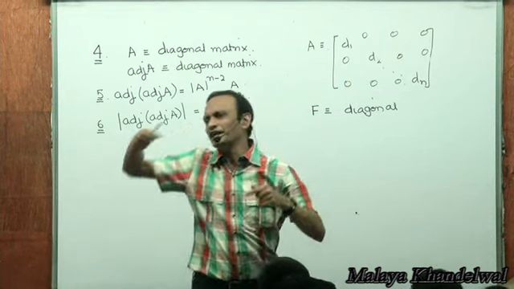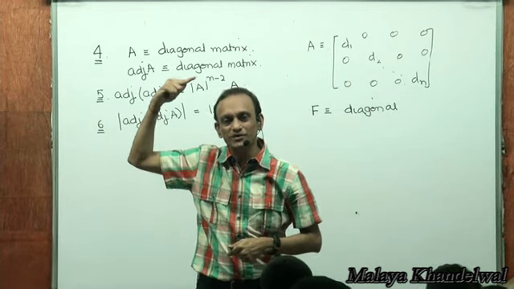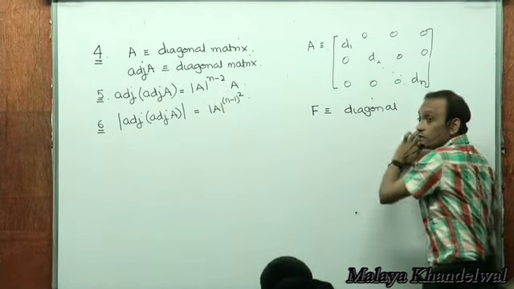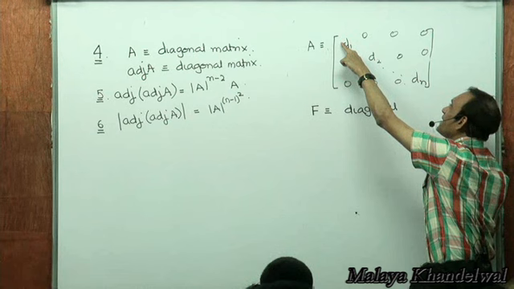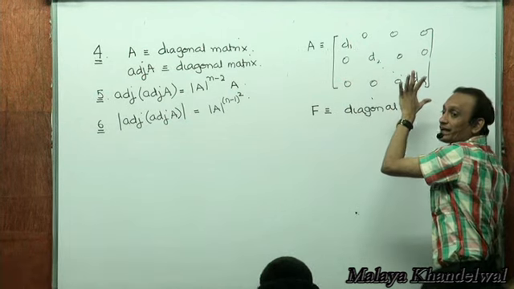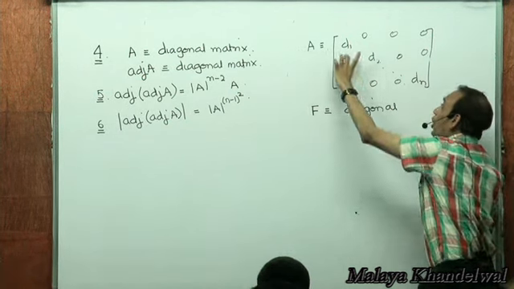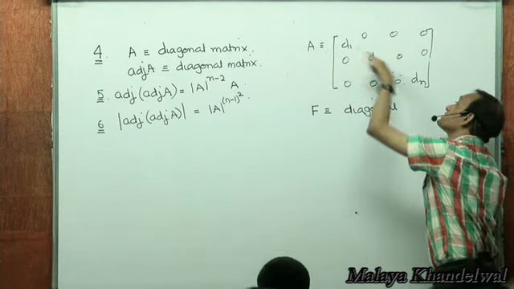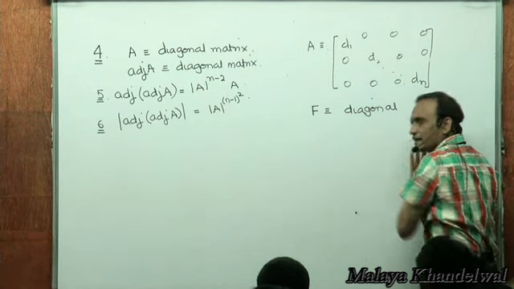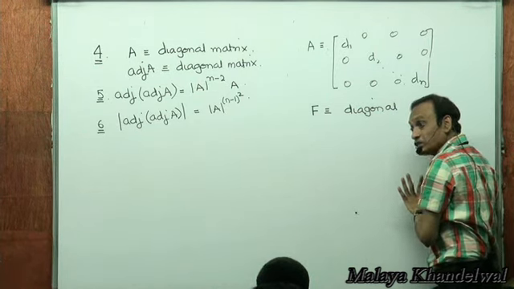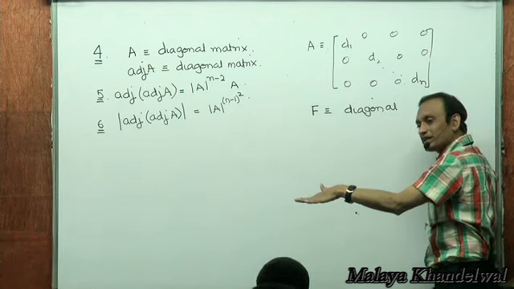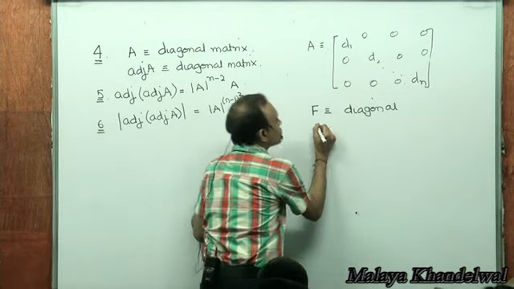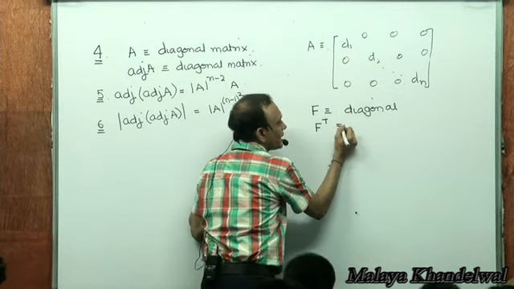Now, if you have a diagonal matrix and you transpose it, it will still be a diagonal matrix. When you transpose this diagonal matrix, these diagonal entries remain intact and all other entries get transposed, so they remain 0. So F is a diagonal matrix, the matrix of cofactors, and its transpose F transpose is also diagonal.